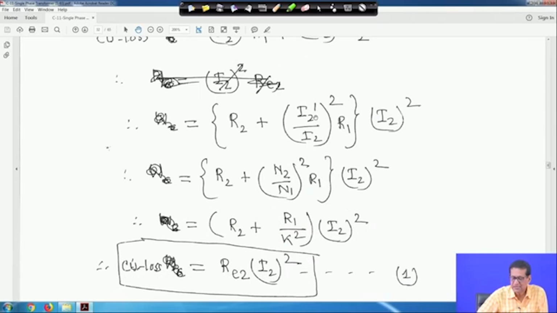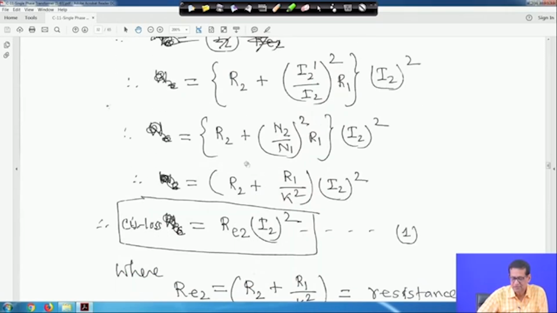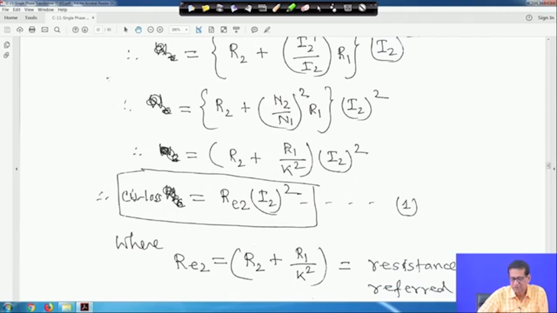We know that I2 dash by I2 is equal to N2 by N1, we have seen it earlier. If you substitute, and we have taken throughout this transformer k equal to N1 upon N2, it will be R2 plus R1 upon k square, into I2 square.